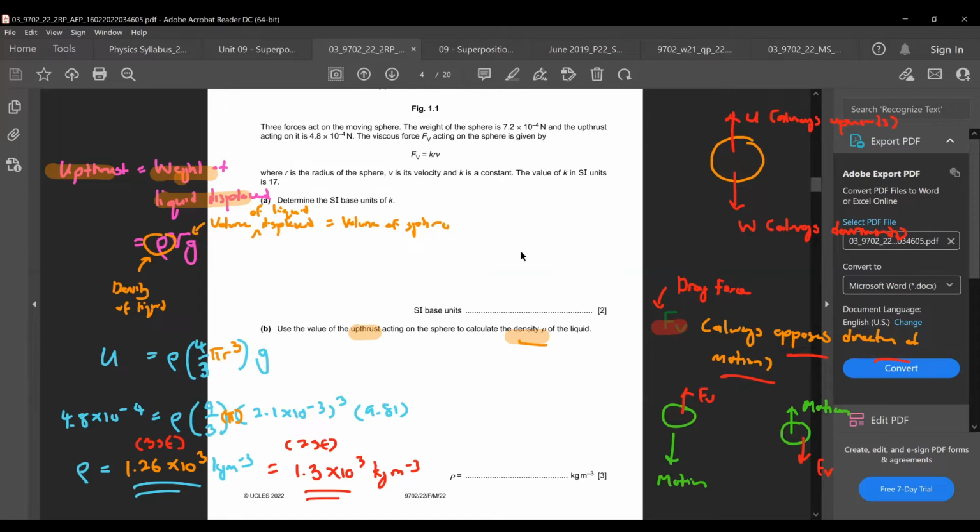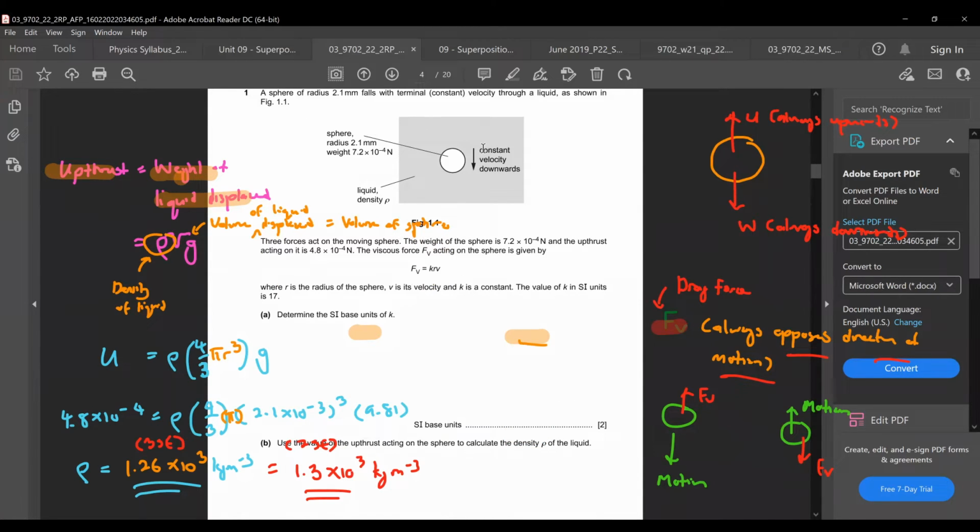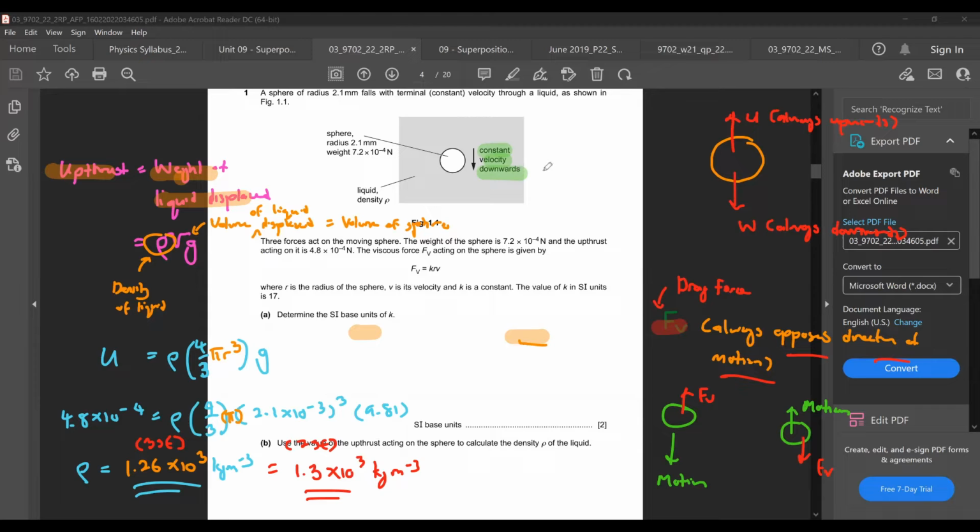One way to look at it would be to look at the question. Notice that they told you that it is constant velocity downwards. So I know my motion is downwards. So my viscous drag therefore must be opposing my motion. I would have FV here. This one opposes your motion. Simple as that.